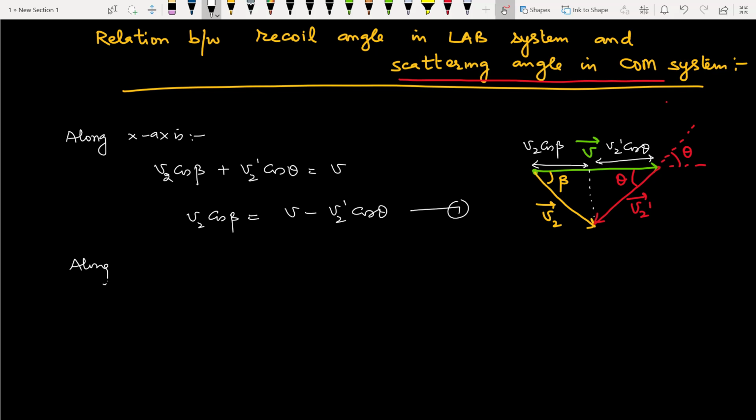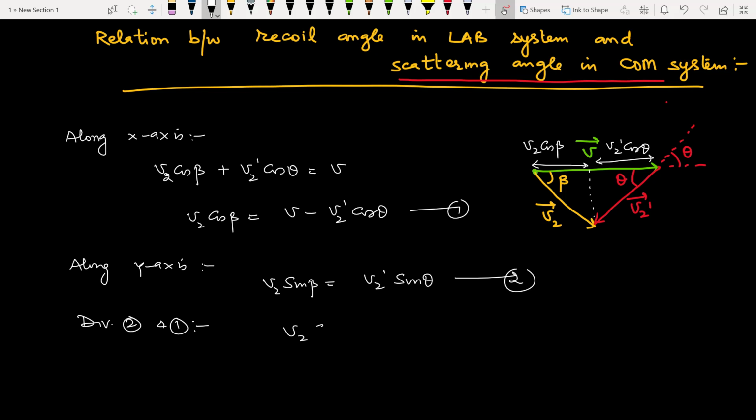Now along y-axis only, when we take the y components, then it will be V2 sin beta, it is equal to V2 dash sin theta. So divide both equations, divide equation number 2 by 1.